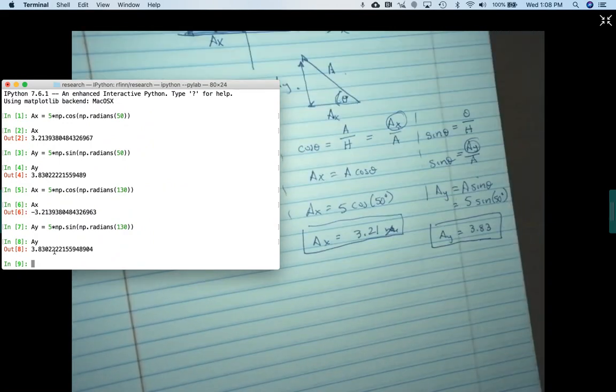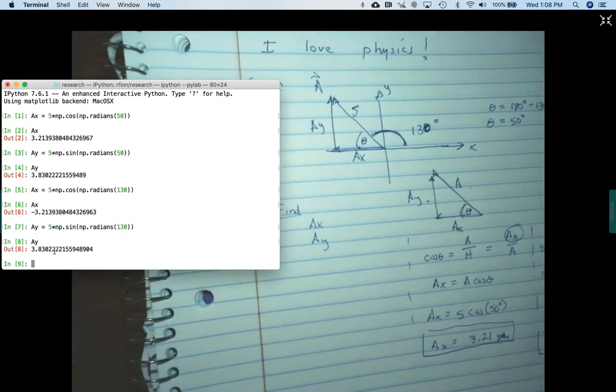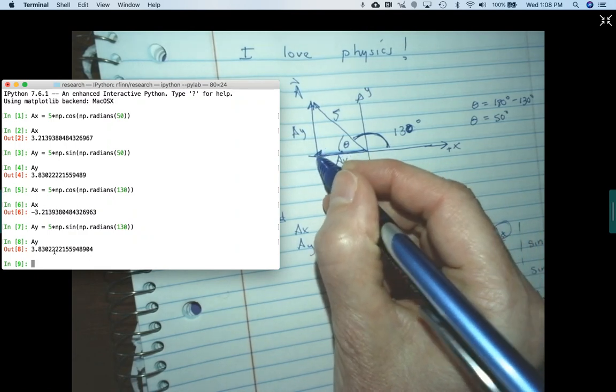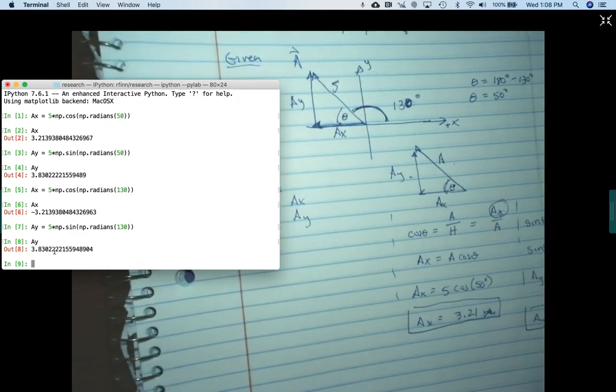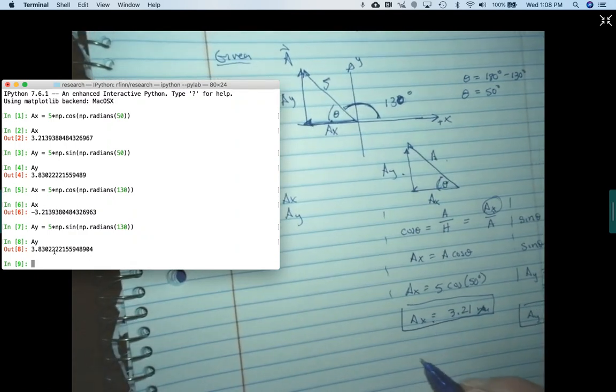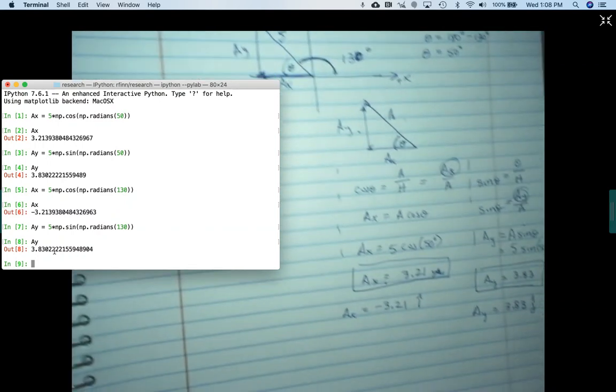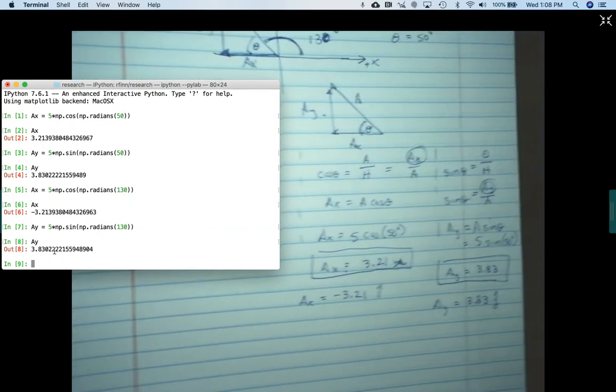So if I am defining my coordinate axis, I said that this is my plus x, and I know just by drawing that that is in the negative direction. So when I solve for my trig, I then have to remember to say that AX is in the negative direction. So it's negative 3.21 i hat, and AY is in the positive y direction, so 3.83 j hat. Okay.